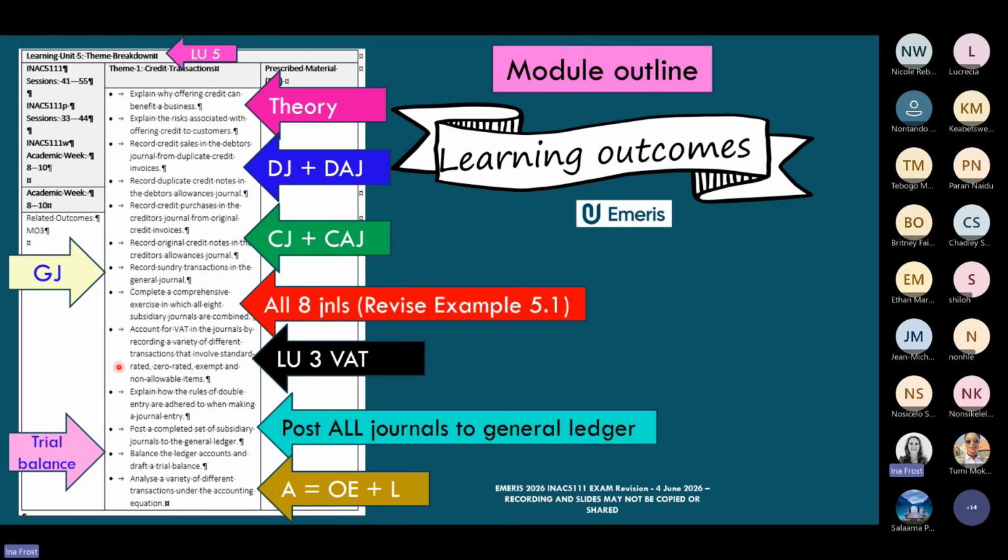So you can never do a Learning Unit 4 or 5 question without also including your Learning Unit 3 knowledge. And as I said earlier, if you need some revision on Learning Unit 3, please go back either to the catch-up videos or to our YouTube playlist for more revision on Learning Unit 3.